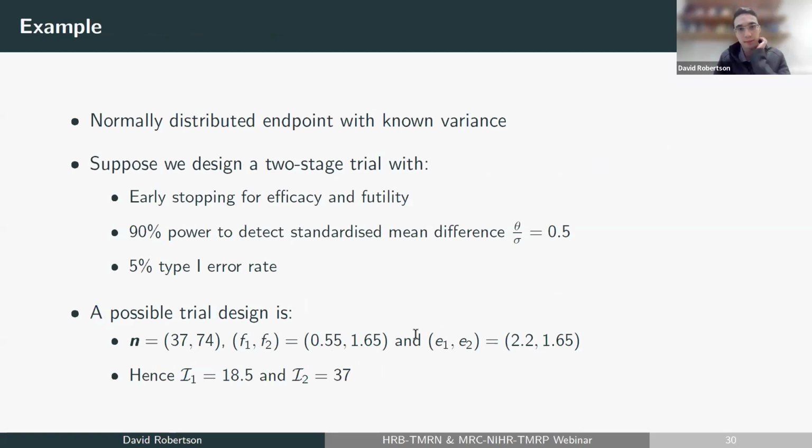Okay, so what does this median unbiased estimator look like in practice? Just as an example, suppose we have a normally distributed endpoint with a known variance, and we design a 2-stage trial with early stopping for futility and efficacy. So this is a possible 2-stage design. I guess the details aren't too important.